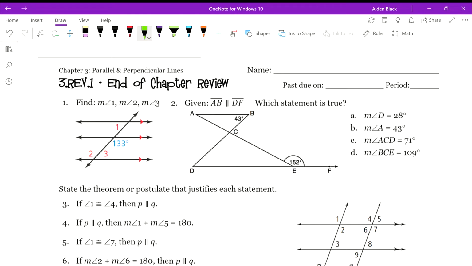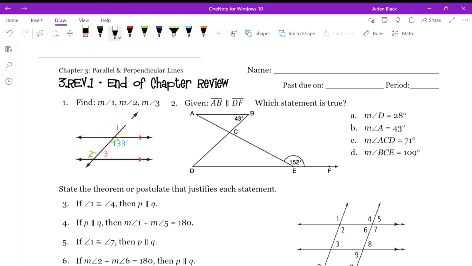Now since we know all these lines are parallel, we know that they form, with this transversal here, alternate interior, same side interior, alternate exteriors, same side exterior, corresponding angles, etc. So when we look here at this angle, which we're given, 133, and this angle here, 2, if we're just blocking out and not looking at this top line here, see the two lines?